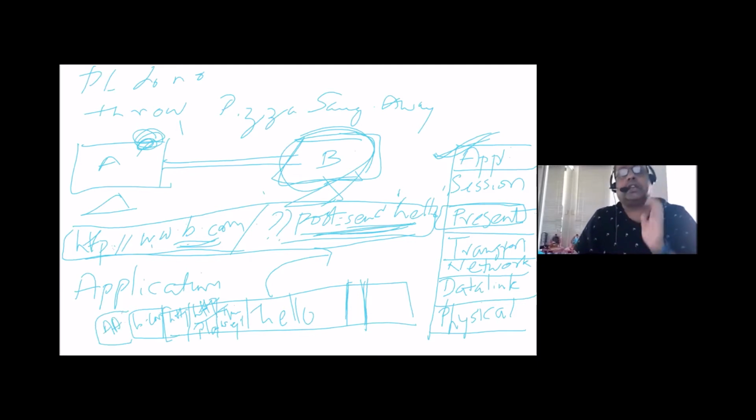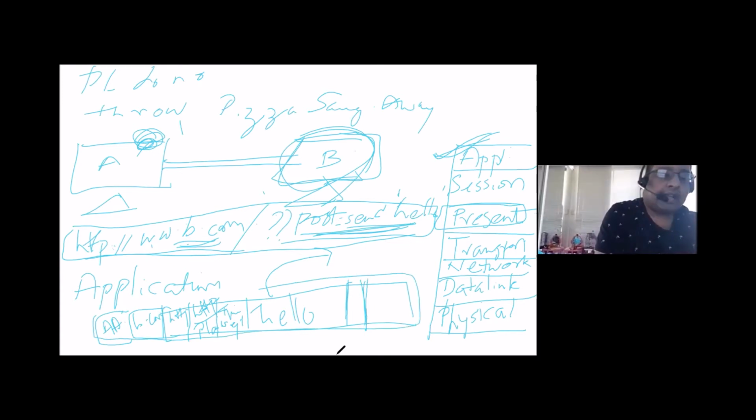Okay, now the whole information gets added into a big packet, and that packet will travel through the physical layer of this computer. It goes all the way here, and when it reaches B, which layer will it encounter first?